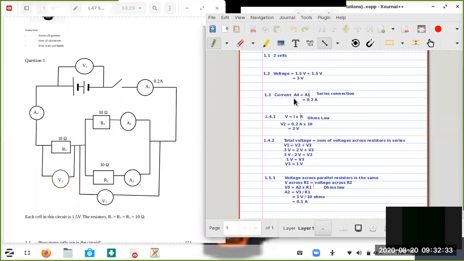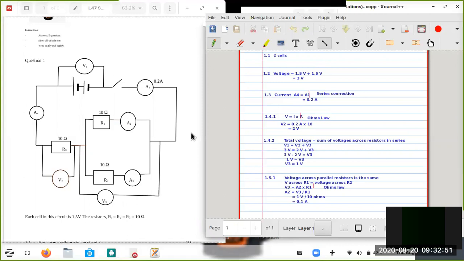A4 is ammeter number 4, which is equal to ammeter number 1. The way it is written here, the subscript is not written the same way as on the question, so please bear with me.